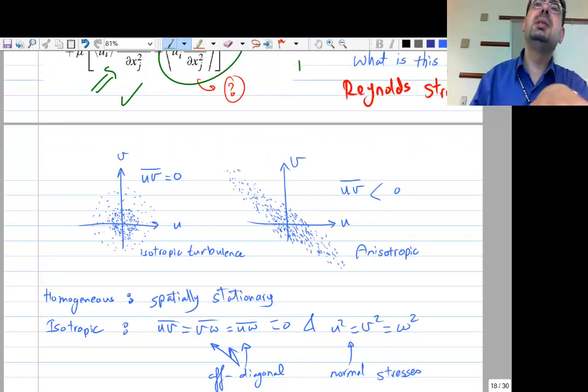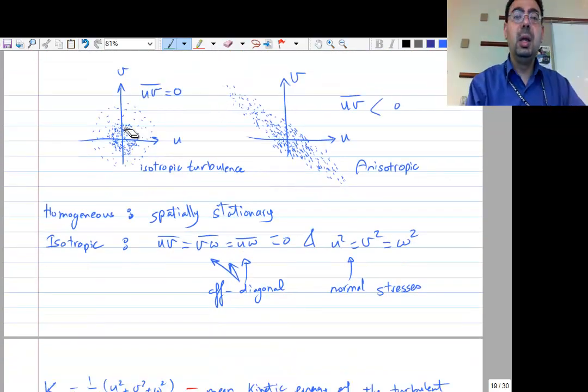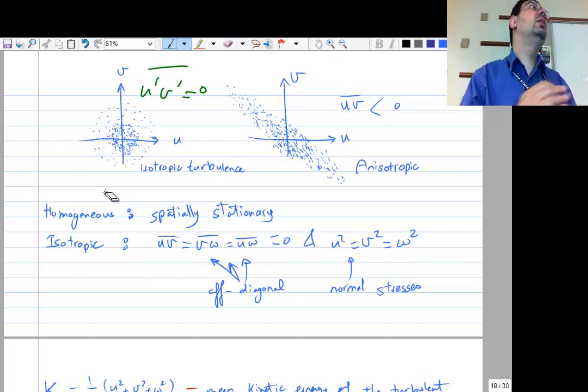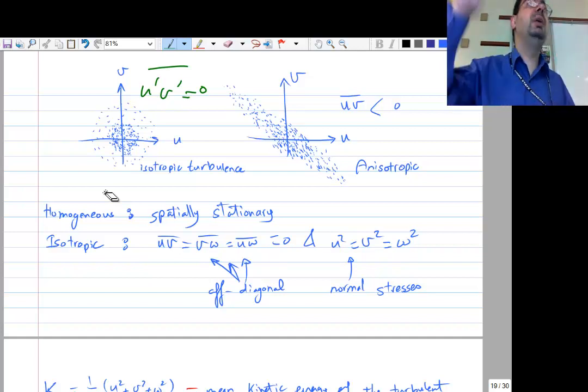Here's the slide where I'm telling you that it's U prime, V prime. This is the fluctuation. For it to be zero, they have to be completely independent of each other. U can be anything, V can be anything, right?